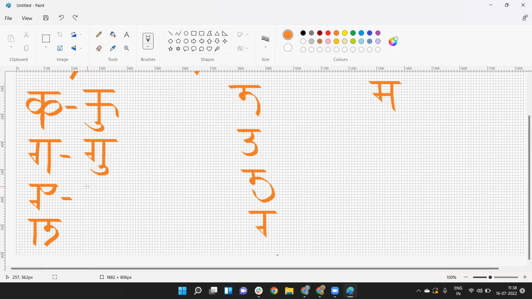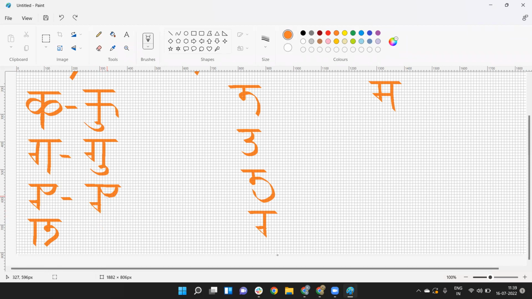Okay, so G, then we have Jh. In case of Jh, we do not attach the matra here at the base.